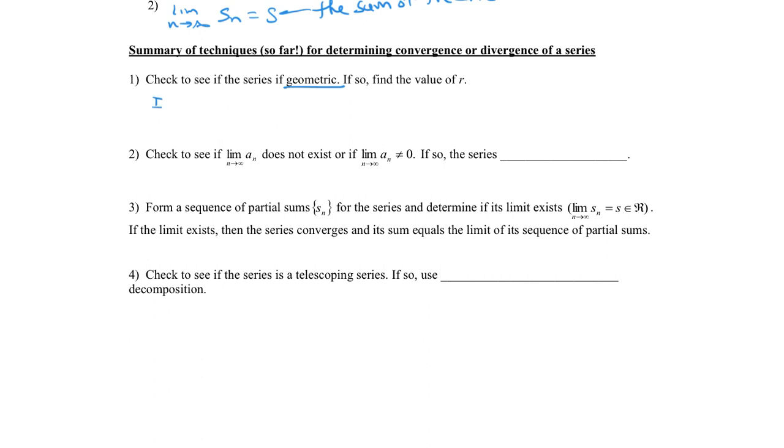So basically, if the absolute value of r is less than 1, the series converges, and its sum is a over 1 minus r. If the absolute value of r is greater than or equal to 1, then the series diverges, and we, of course, can't find its sum. Okay, so we could see if it's geometric.